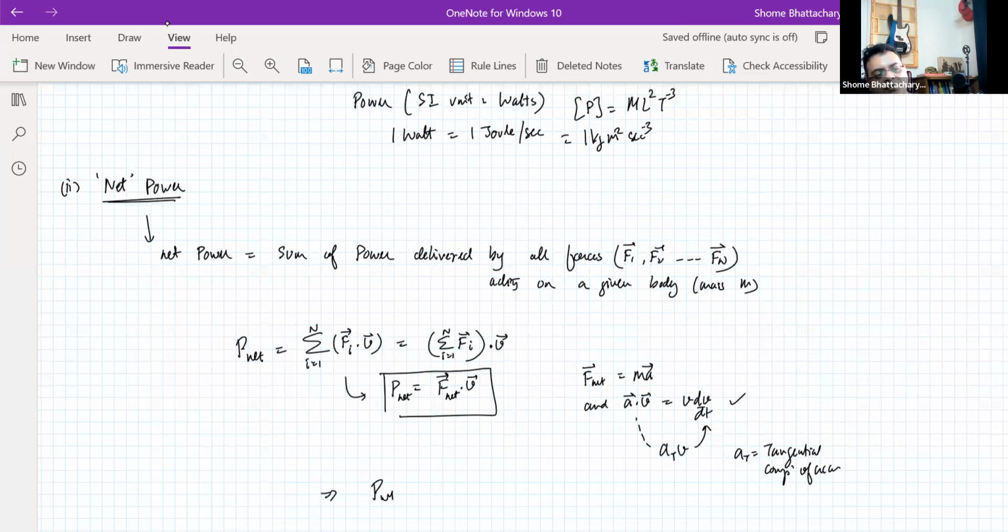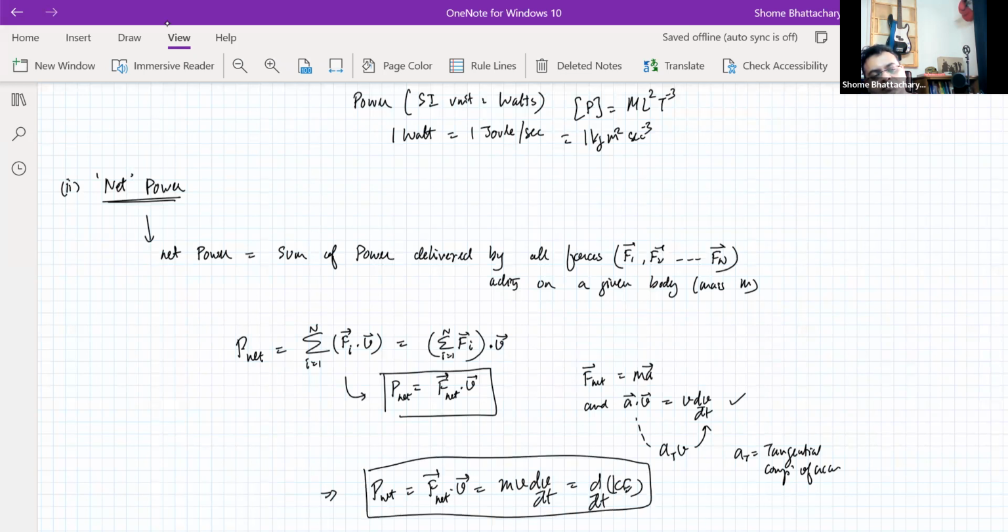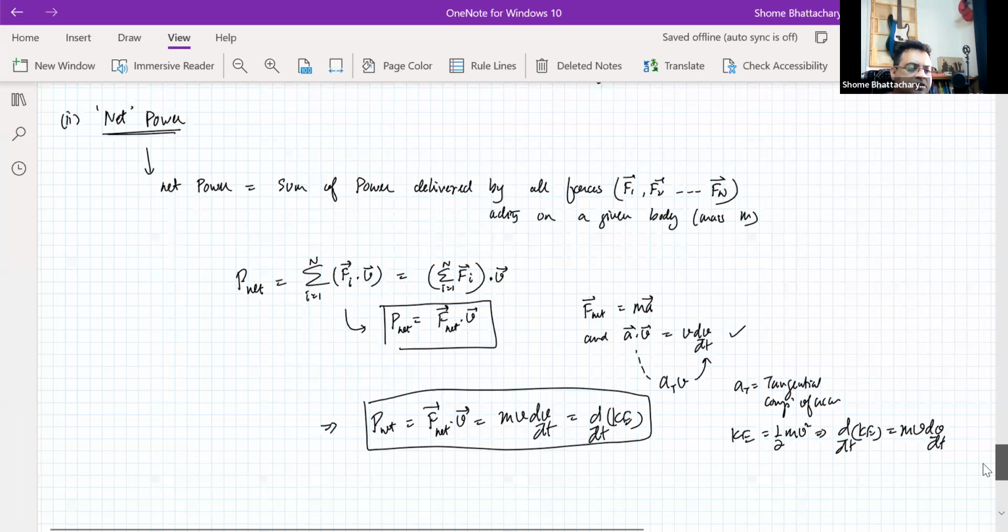So you can see that net power is also equal to, which is nothing but, the rate of change of kinetic energy, because kinetic energy is half mv square. So the net power delivered to a body is equal to the rate of change of its kinetic energy.